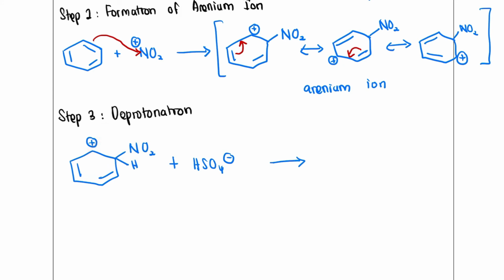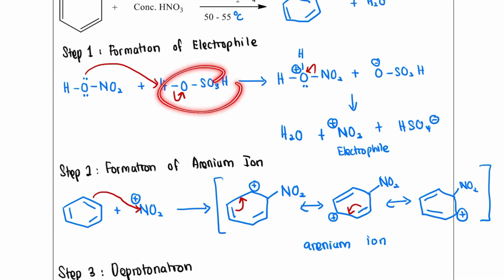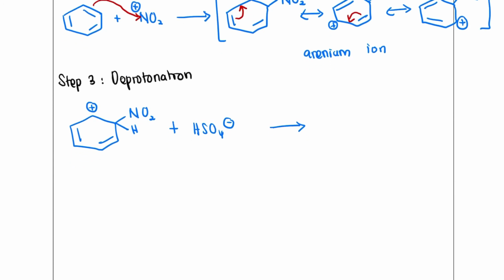Okay, so siapa yang nak deprotonate dekat sini? This H. Okay, this HSO4 minus that you obtain daripada H2SO4 kita tadi. Okay, ataupun you can choose to write this one pun boleh, tak ada masalah. So that we can form back H2SO4 kita sebab dia macam catalyst juga. So we need to regenerate the H2SO4.